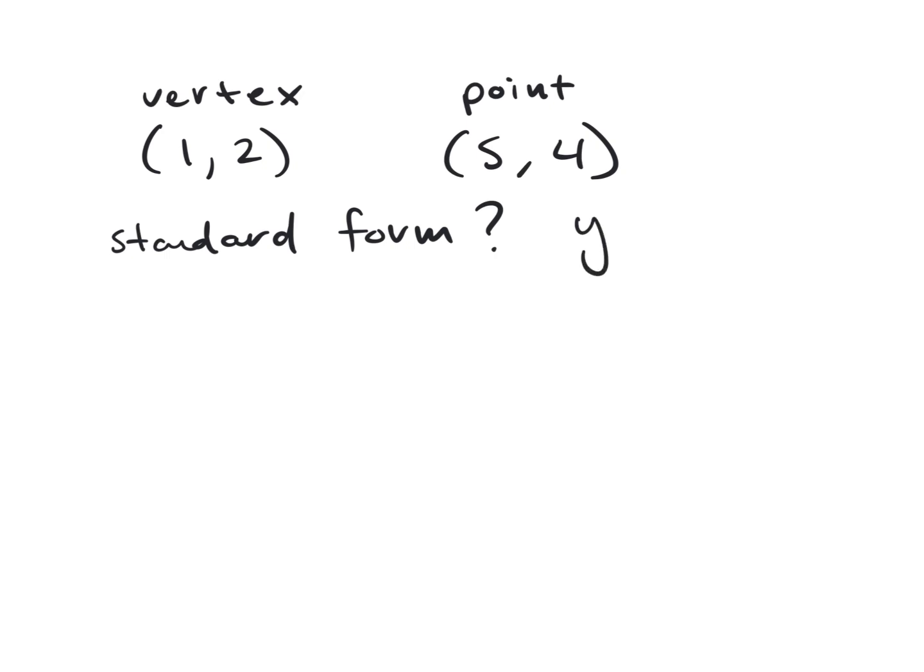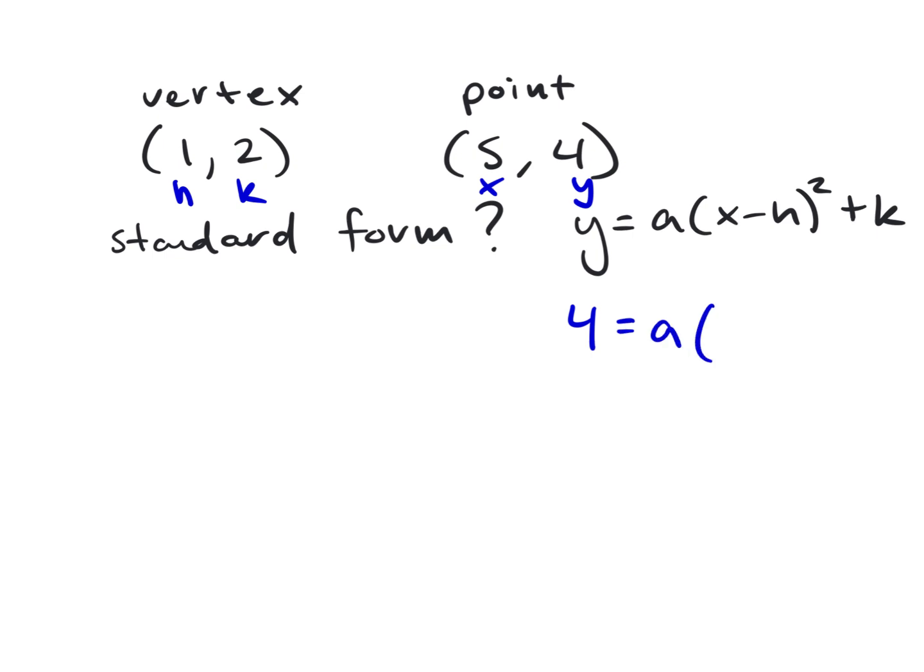Our standard form is y equals a times x minus h squared plus k. Our vertex is our h and k. Our point would be the x and y. From our equation here, what are we missing? What do we not have? A. So that's what we need to find. I'm going to plug in everything I have and solve for a. So I have 4 equals a times x minus h, so 5 minus 1 squared, plus 2. And just solve for a. I'm going to subtract 2 on both sides.